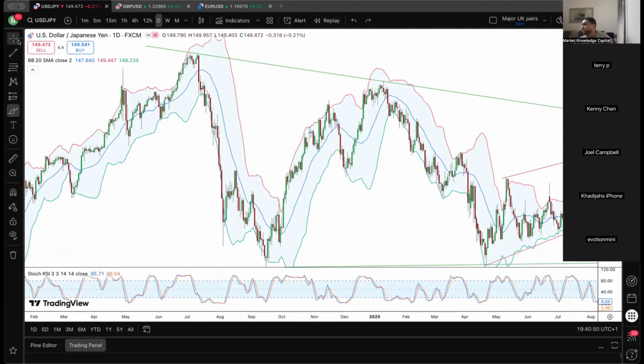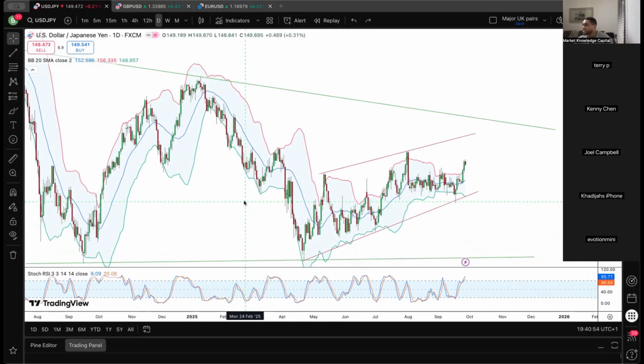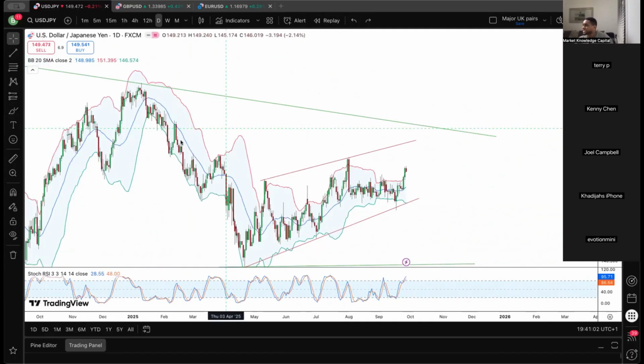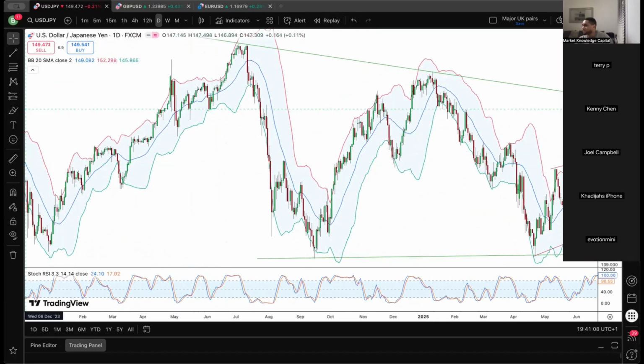The reason I'm telling you this is that when the price breaks out of a Bollinger Band, you only want to take it as a reversal in the same direction as the trend. If we're in a downtrend and the price breaks out of the Bollinger Band, there's no need to try to go in for the reversal, because we're in a downtrend.